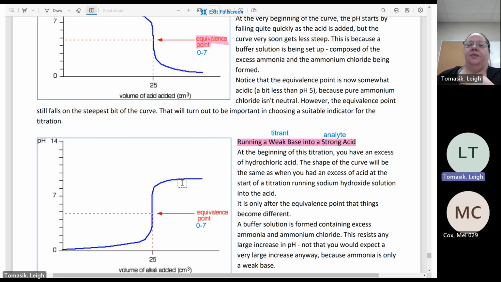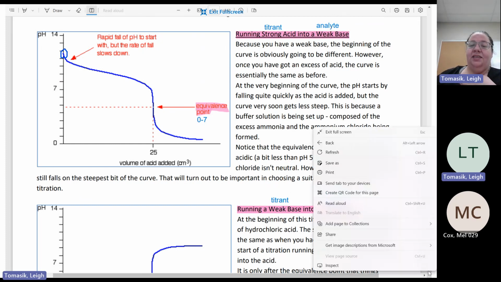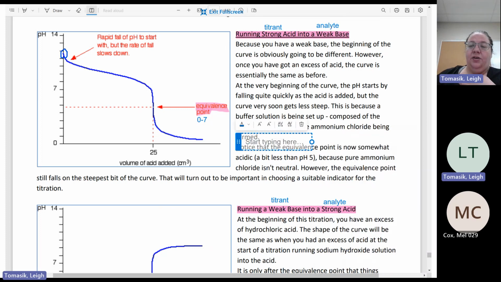So whatever is weak in your titration, whether it's the analyte or the titrant, right? So here in situations 1 and 2, right, the weak thing is the base, okay? And if you have a weak base, that controls the equivalence point.